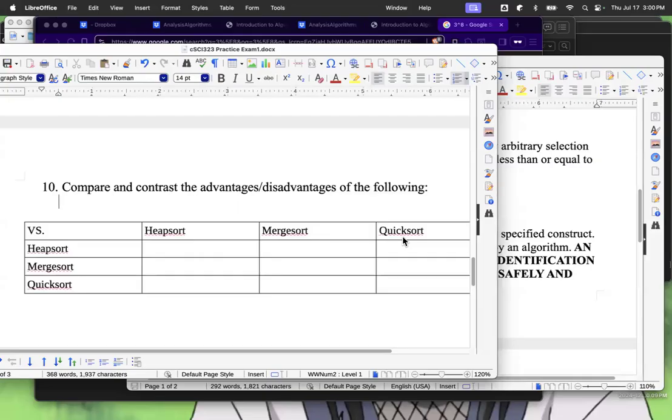Also, quicksort is better if we don't have much memory, since it runs using very little resources. Now, what can we say about quicksort versus merge sort?